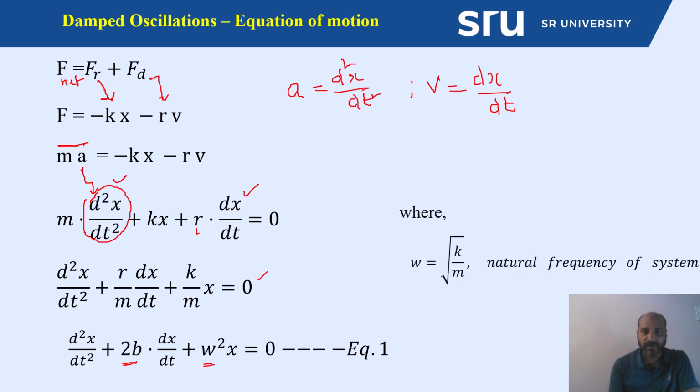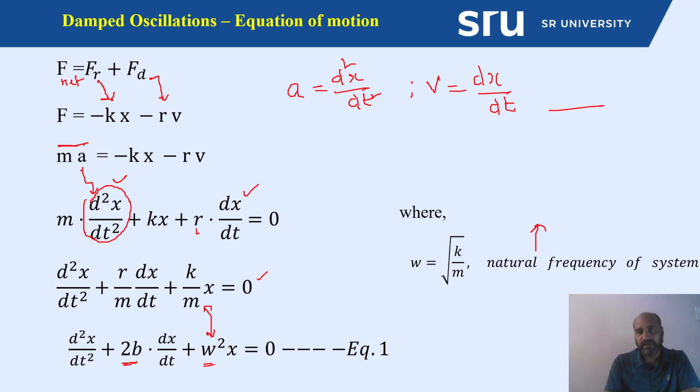And this omega is the natural frequency. So if you see these two equations, this omega is under root k by m. Generally this is the natural frequency of the system. Natural frequency in the sense that if there is no external force, the oscillations are only due to internal force.